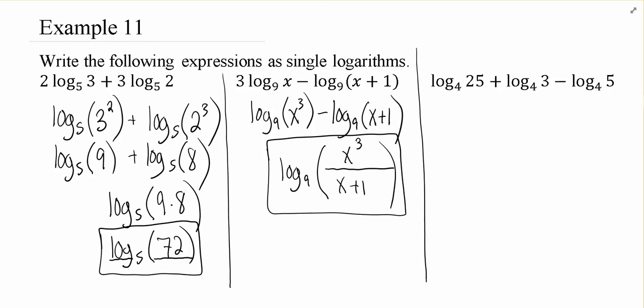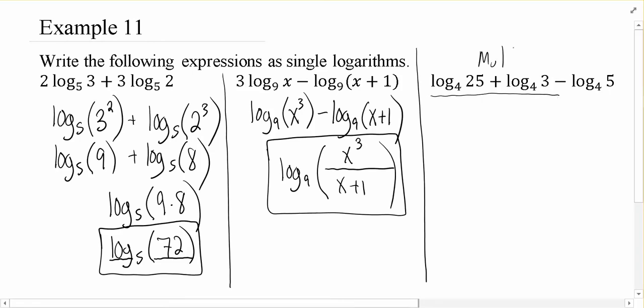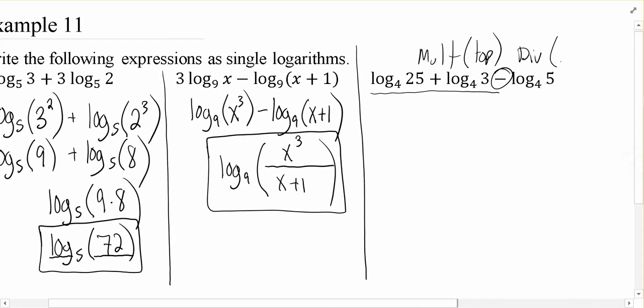Now we have 3 logarithms in this last piece. What you want to look at is the fact that these guys are positive. We're going to multiply their arguments, or in other words, they'll be in the top. This last guy that we have a subtraction sign with, we're going to divide by that argument, or in other words, that argument goes in the bottom.